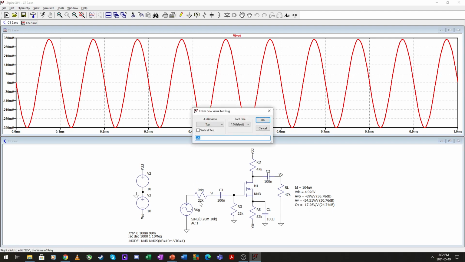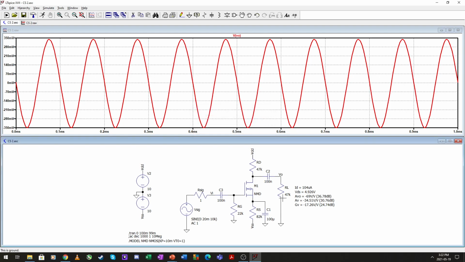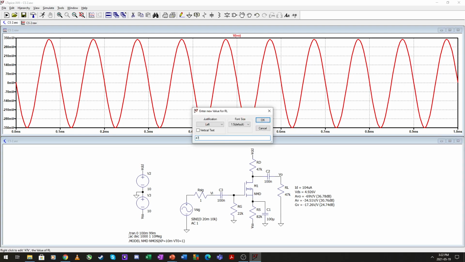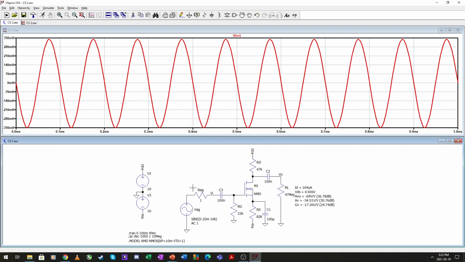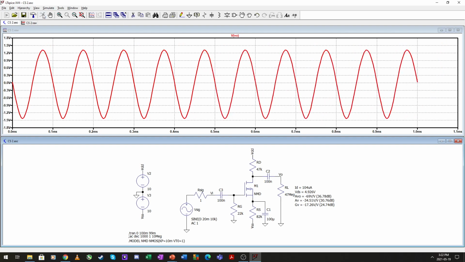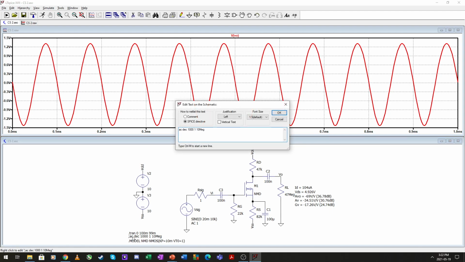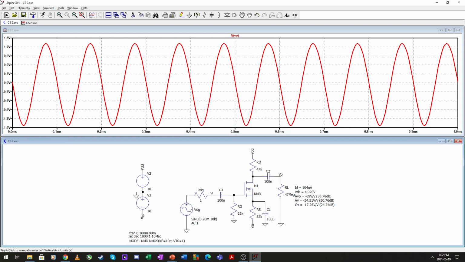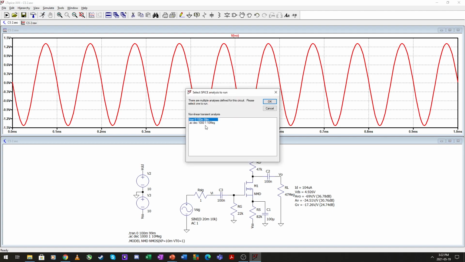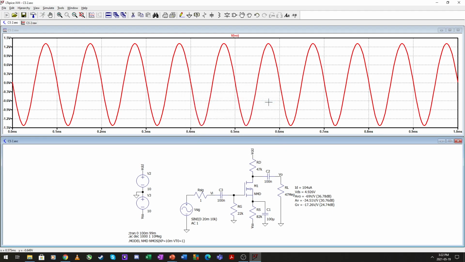To give you an idea, if we make this 1 and make this 47 megs, that is the equivalent of an amplifier that's not loaded, so this AV0. And where is our output? Nice and large. Let's have a look at our AC simulation, and then we can see this in decibels.